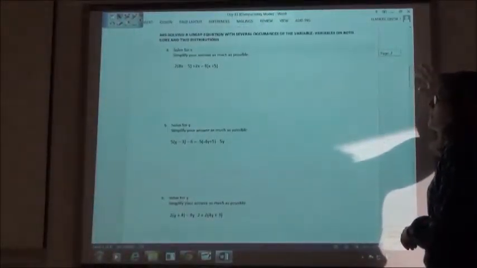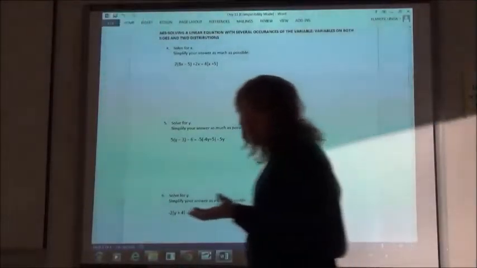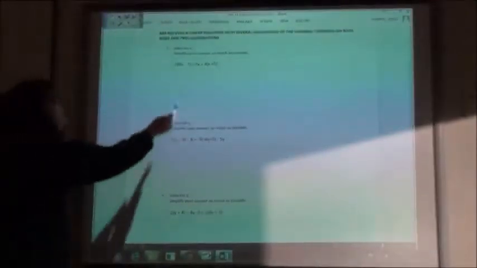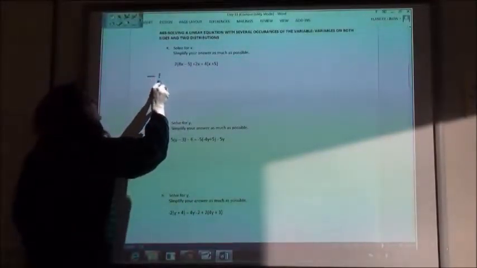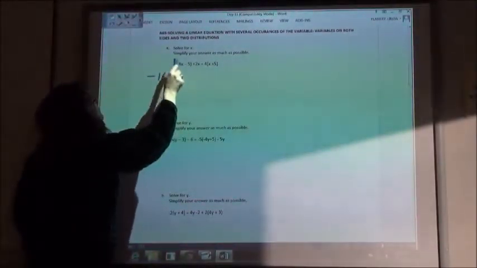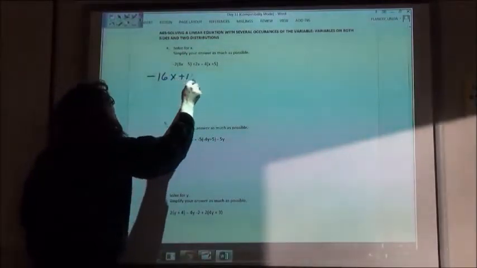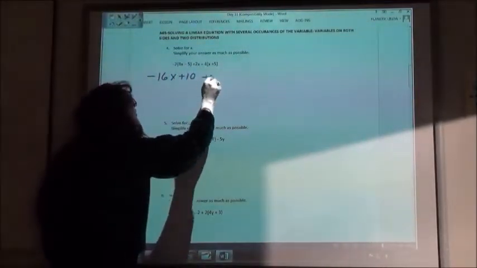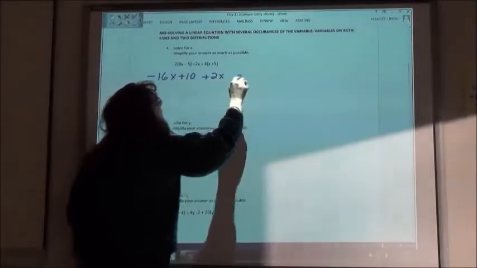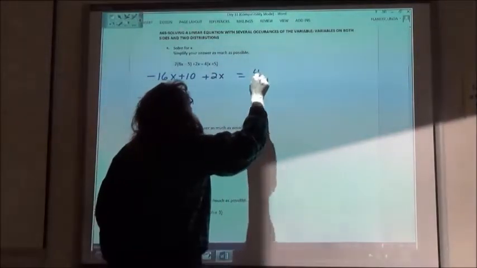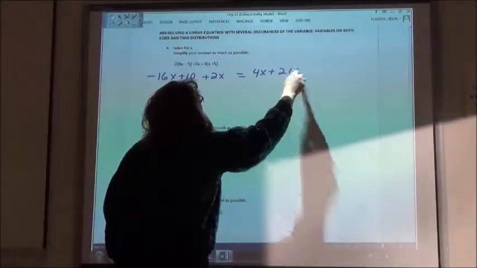The next ones, we have two sets of parentheses. So we're going to use the distributive property twice. And so on the first one, I'm going to get negative 16x. Negative times a negative is a positive 10. And then that plus 2x just goes behind it. On the other side, I'm going to get 4x and plus 20.